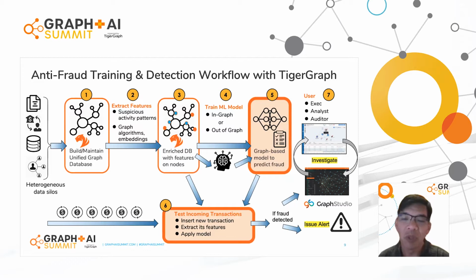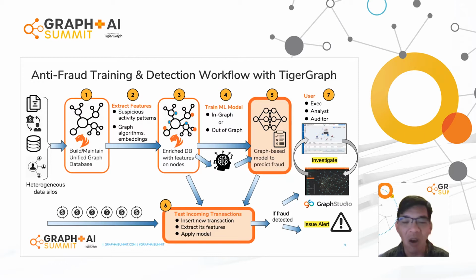That's going to give you your model in stage 5, and then you can deploy that model on your real-time incoming transactions. Again, because of TigerGraph's performance, you can analyze transactions in sub-seconds to see whether they are fraudulent or not, based on the characteristics that your trained model told you to look for. Once you have this model in place, you can get a real-time result.